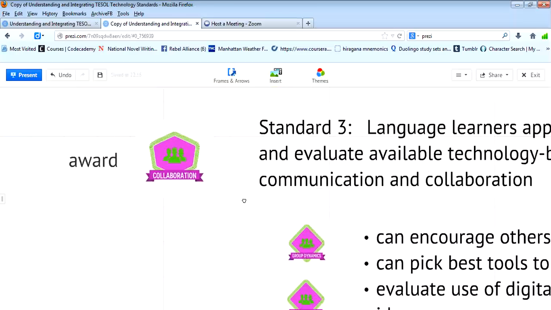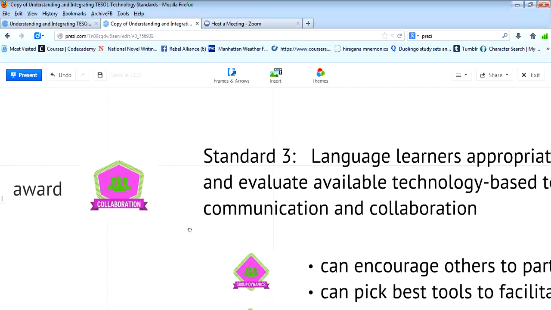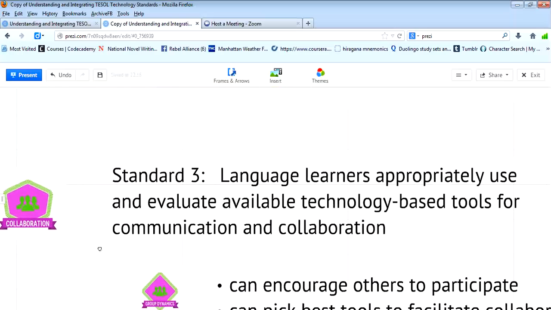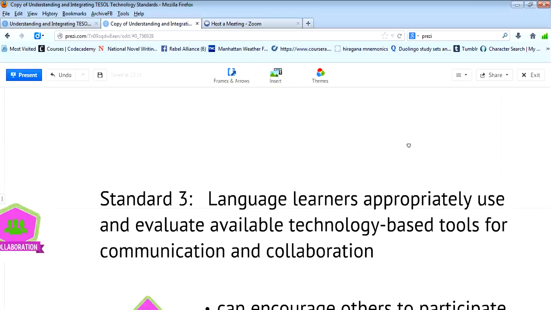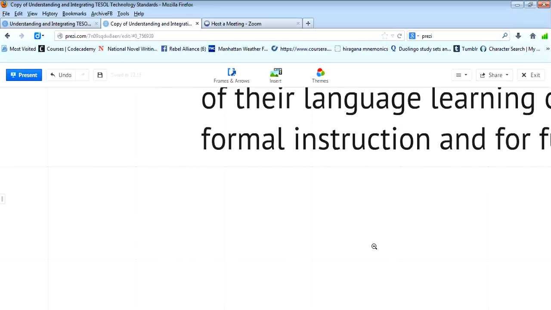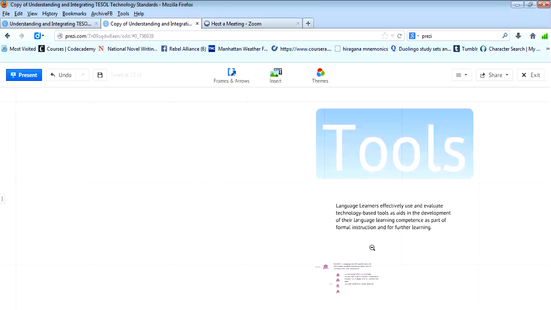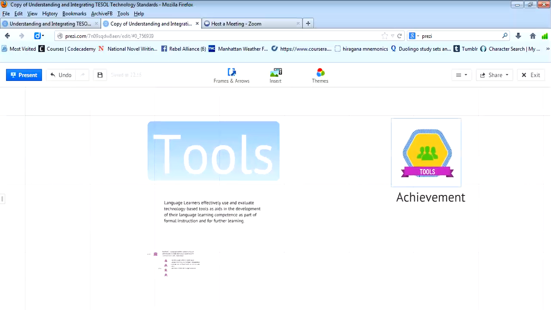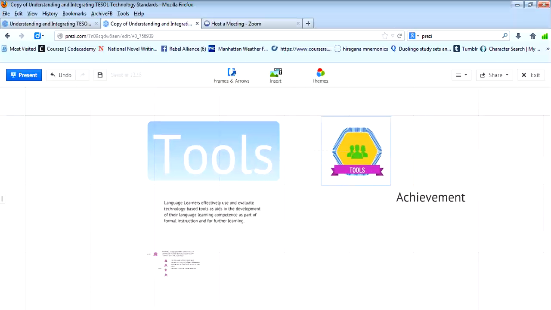That will be their collaboration award when they have completed everything to show that they have the skills in standard 3. Now remember, there were 4 standards actually under this and under tools, and when they have completed all of the standards in tools, then they are going to get this achievement here, which is the tools.